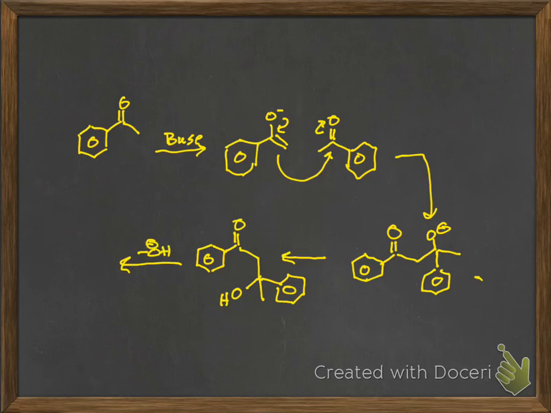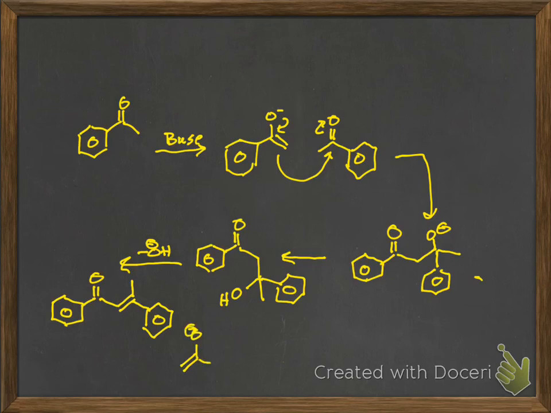You can lose the hydroxide and generate this. All right, there's your alpha beta unsaturated carbonyl.